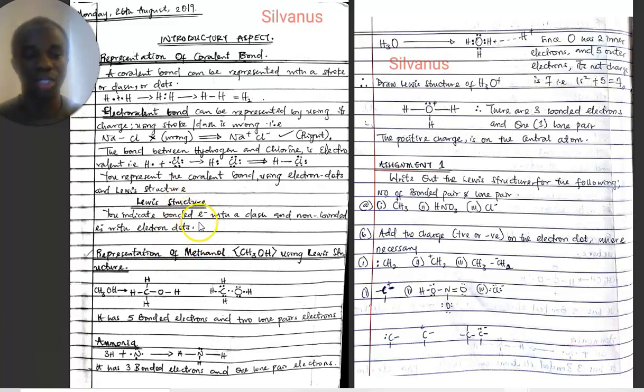One of the things we are going to talk about is how to represent organic compounds, or compounds generally, using Lewis structure. But to round it up, so that in the next video I can talk broadly about how to draw Lewis structures, I want to stop here.